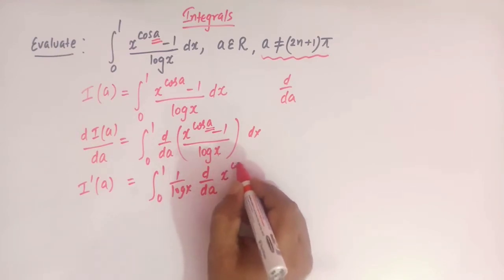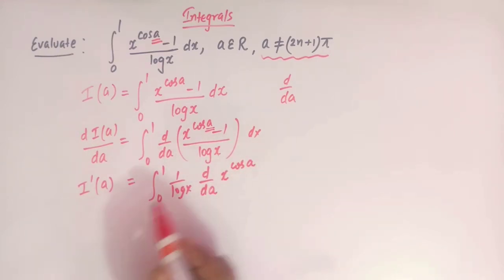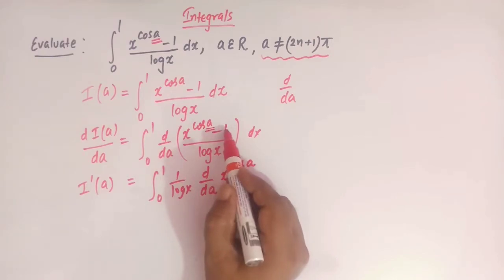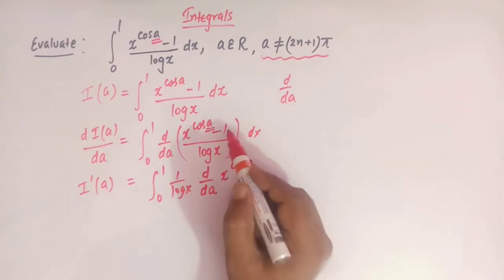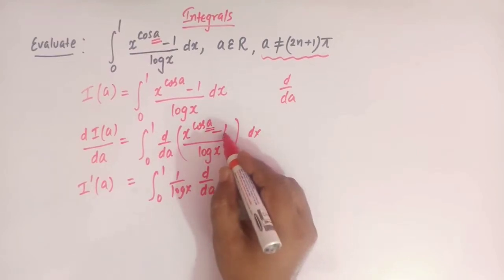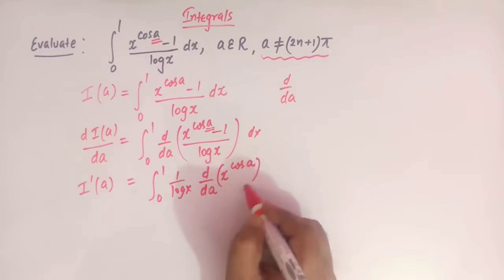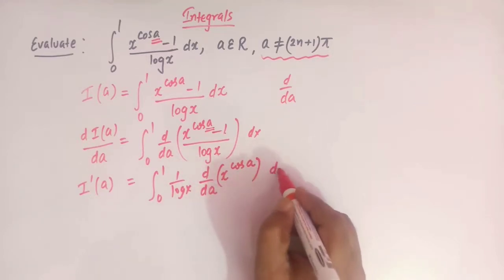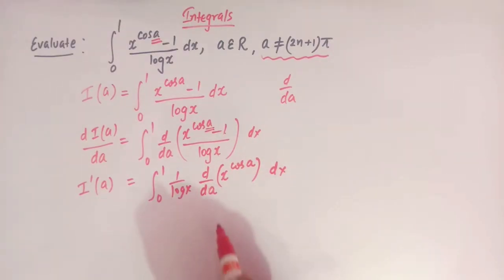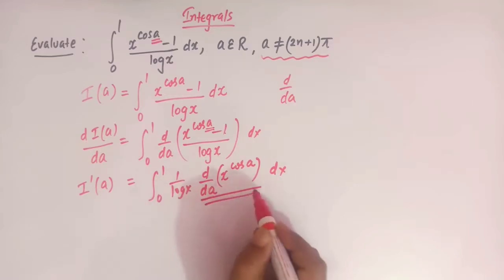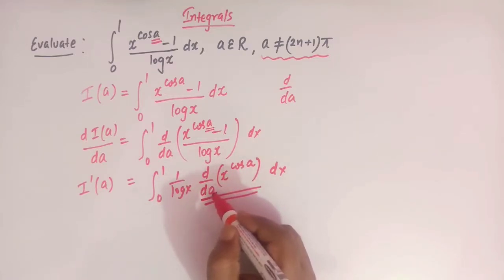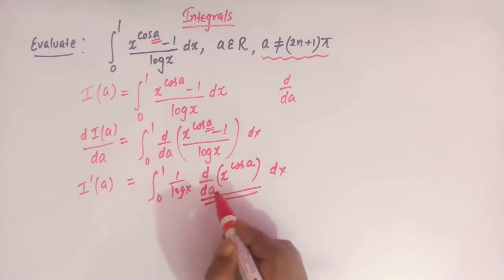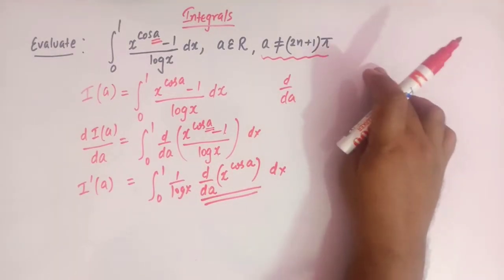So we'll write x raised to cos of a, and since 1 is a constant, the derivative of a constant is 0, so we are left with only d by da of x raised to cos of a. Now we'll separately see how to find the derivative of this function with respect to a. We'll give it a special treatment.